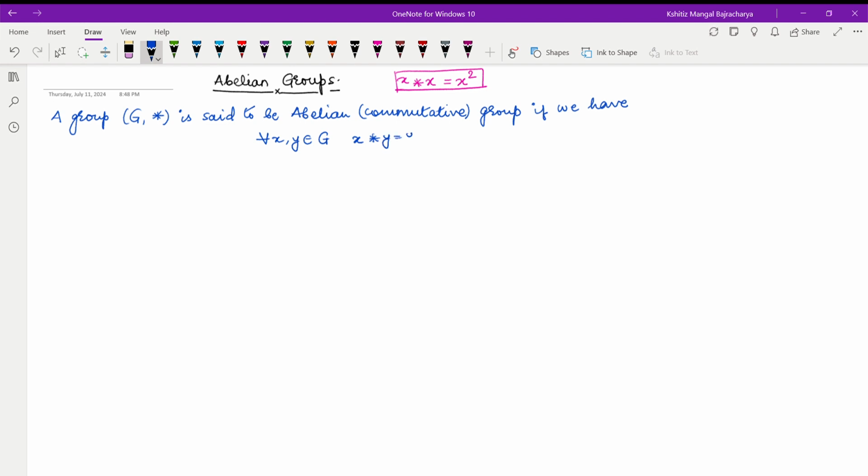This is the commutative property for star.